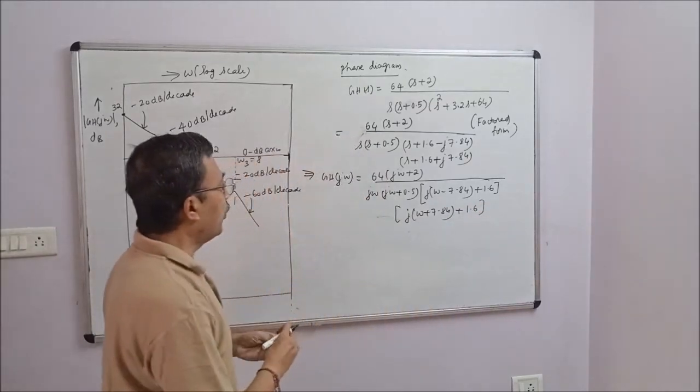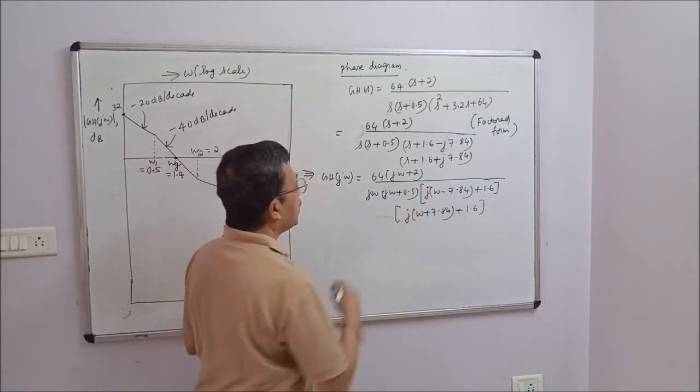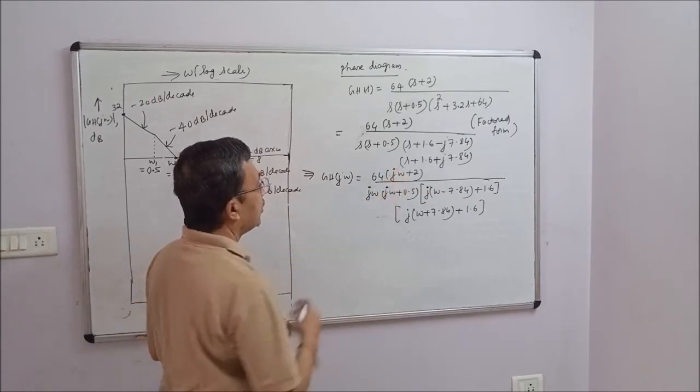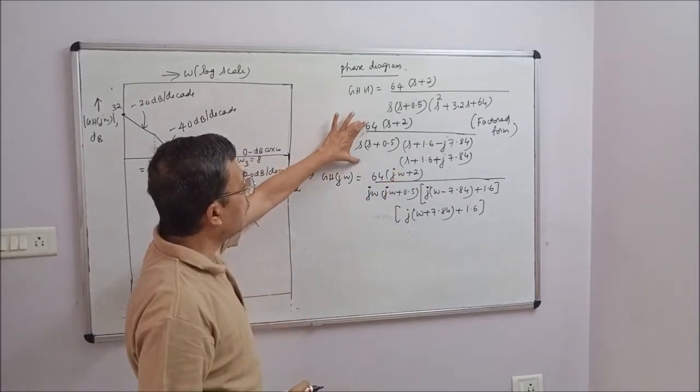This is what you get after letting s equal to j omega in the expression for GH of s.